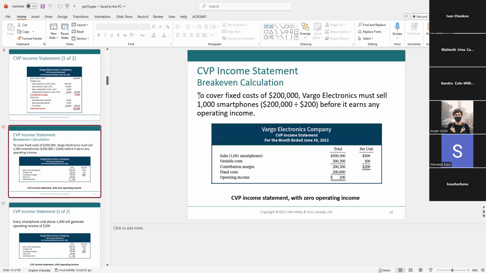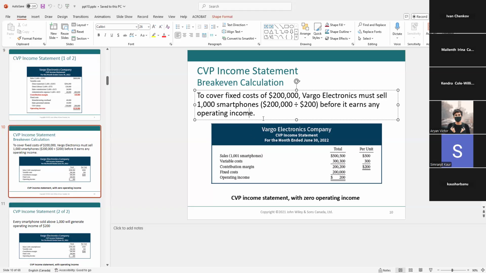Now, the total fixed cost of the break-even, we have to generate enough contribution margin to cover the fixed cost, since we know that the total fixed cost is $200,000. So what will be the number of units that we have to sell in order to generate that point?